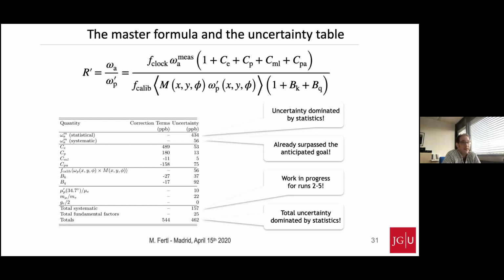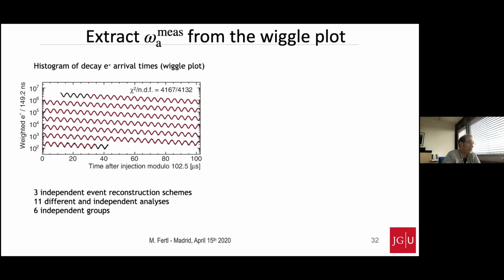So to extract the anomalous precession frequency, what we do is we build time histograms of the arrival times of our decay positrons. And you can see one of these for a subrun here on the left-hand side. From the calorimeter information, we actually have 3 different ways to reconstruct the events and put these decay positrons in the histograms here.